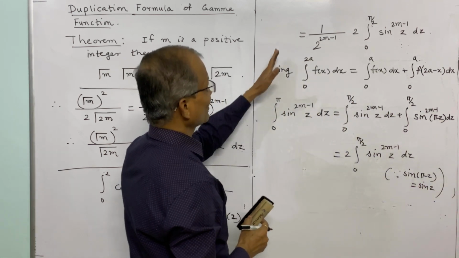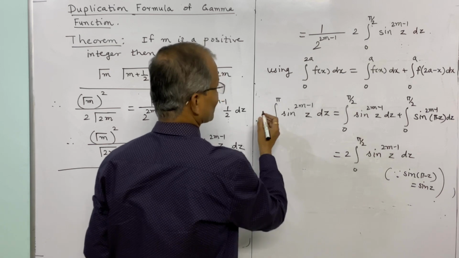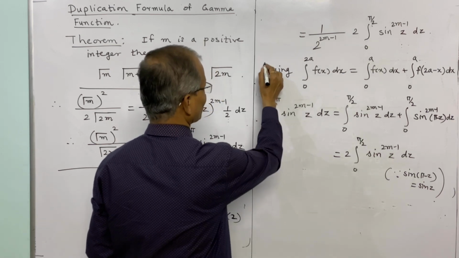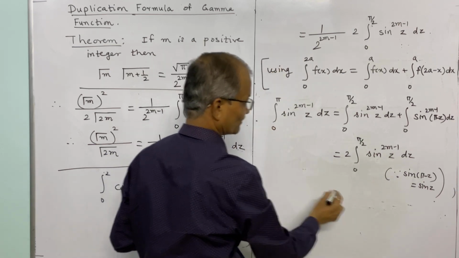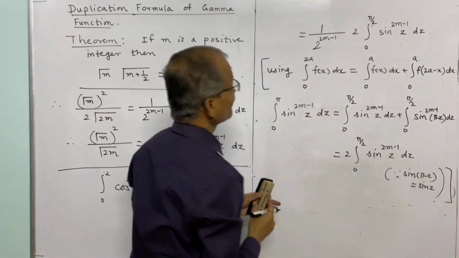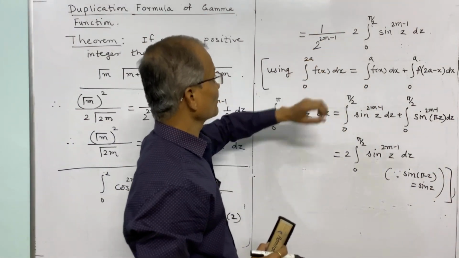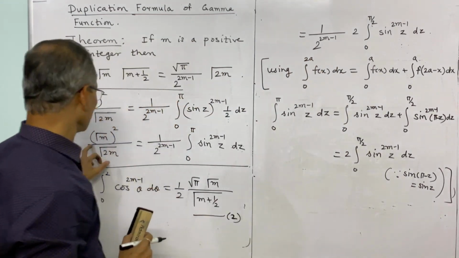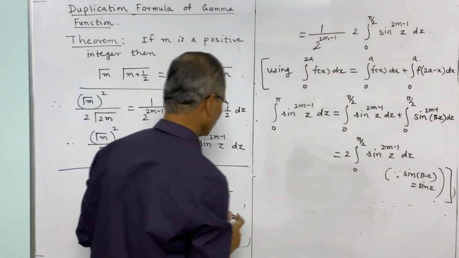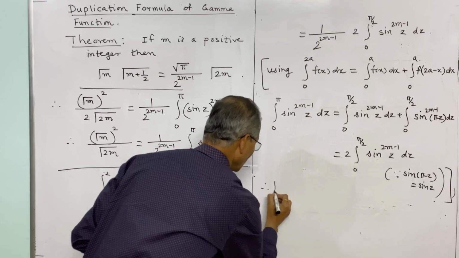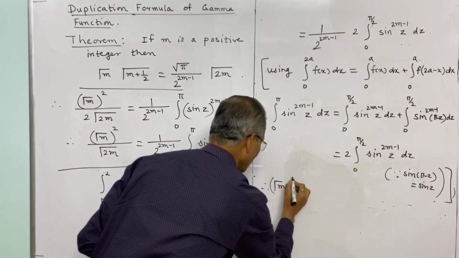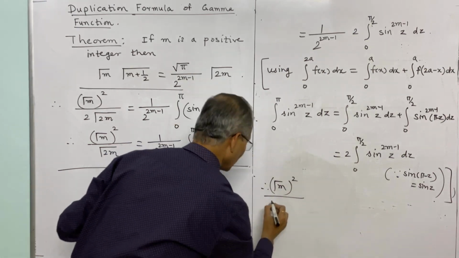We have written this for your information, so you may put this in brackets, and now we will continue. This is 1 upon 2 to the power, and the left side is this one, so we have gamma of m whole square divided by gamma of 2m.